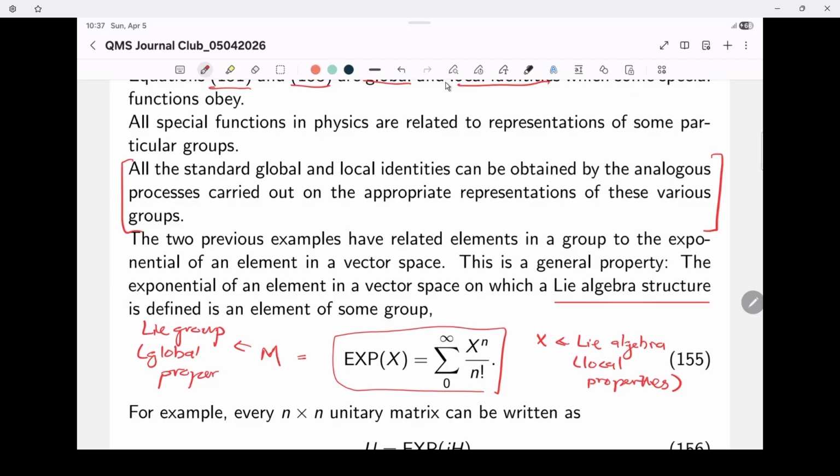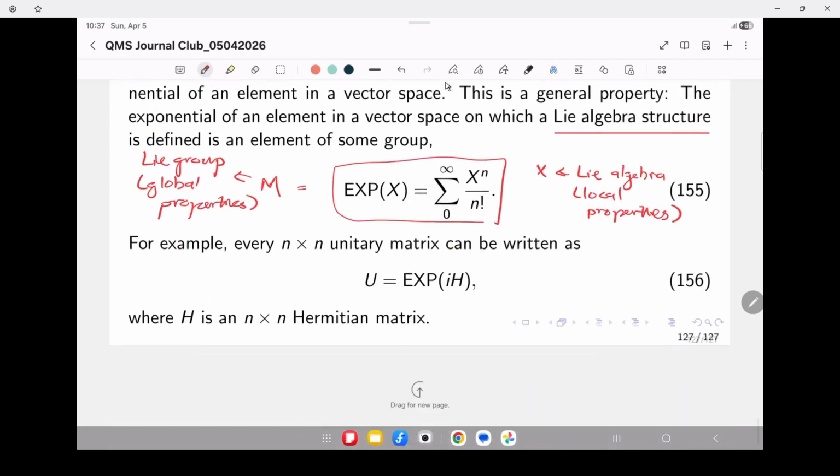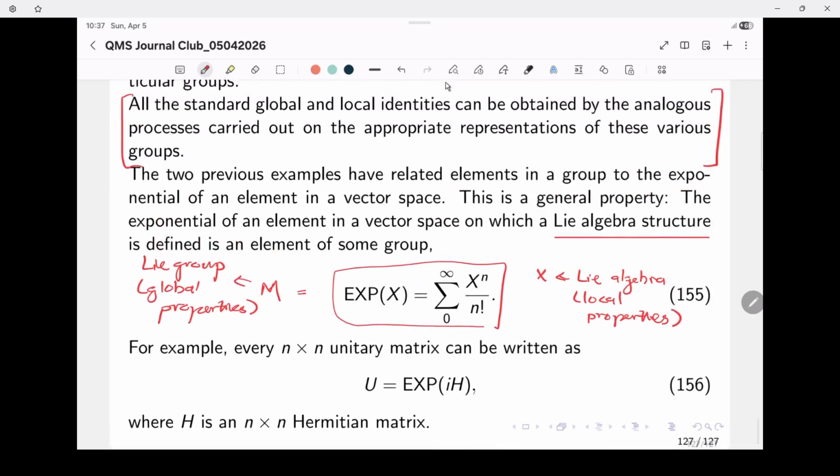Now relate back a little bit to what we already know previously. Your unitary matrix is basically the exponential of your Hermitian matrix, which is a Lie algebra element. And where do you actually see this? You see this in the postulates of quantum mechanics.